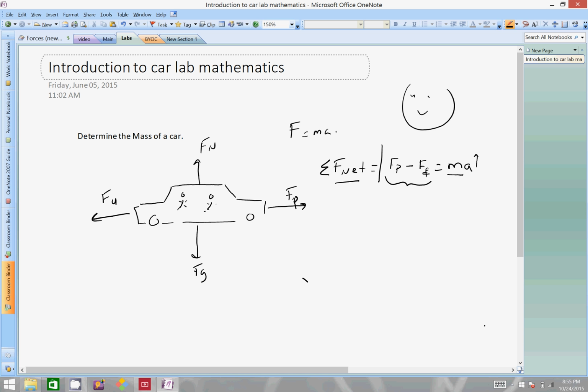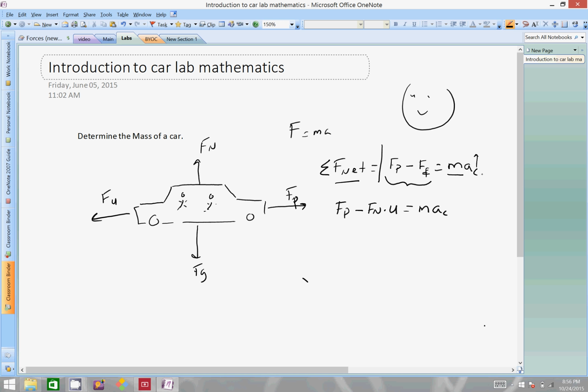Let's break this down a little bit. We have the force of the pushing minus the force of friction. The force of friction is the normal force times the coefficient of friction, equals the mass of the object times the acceleration of the car. I'm going to call the acceleration of the car AC.